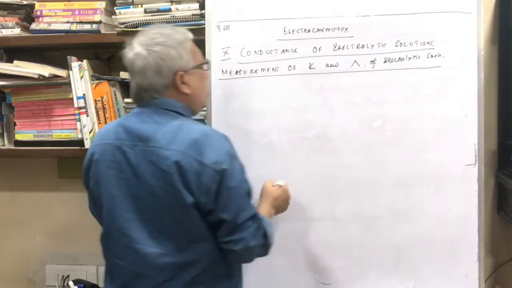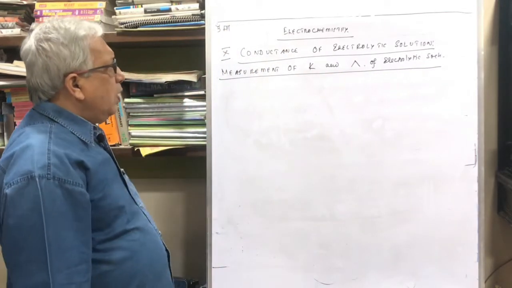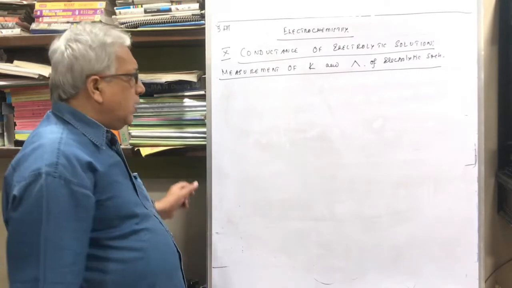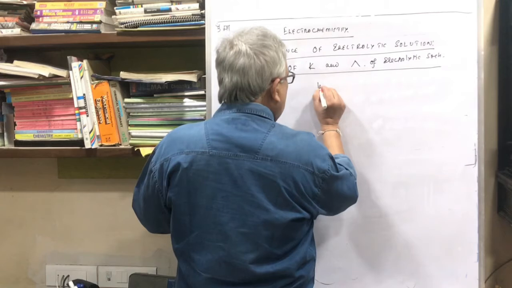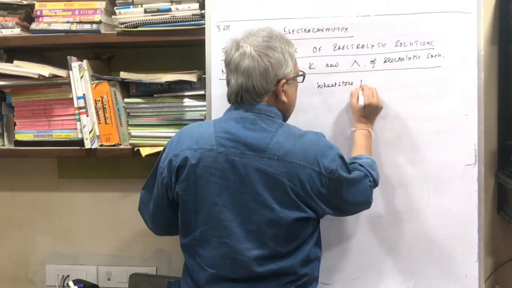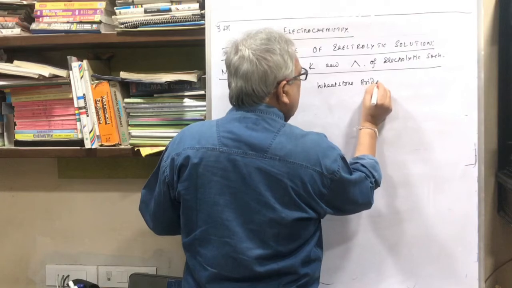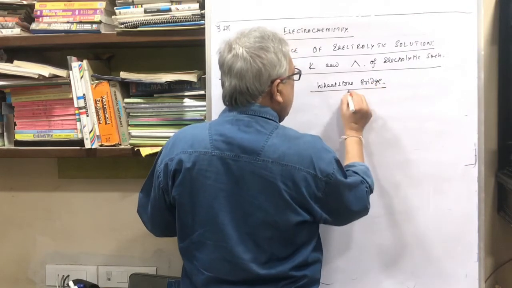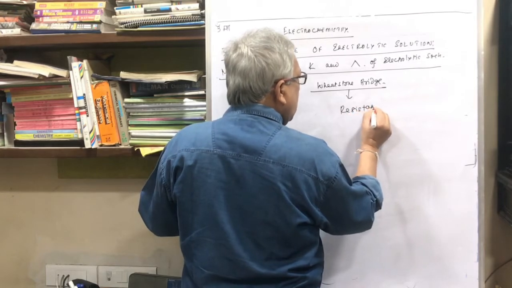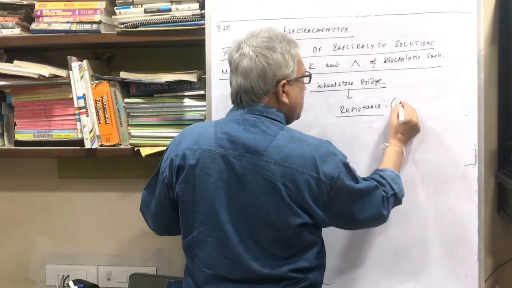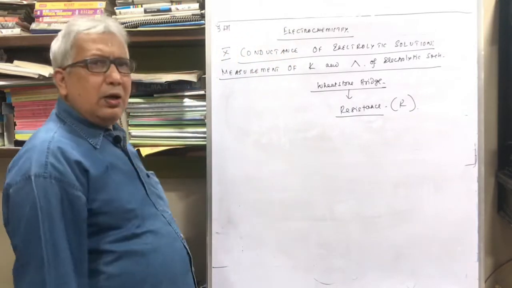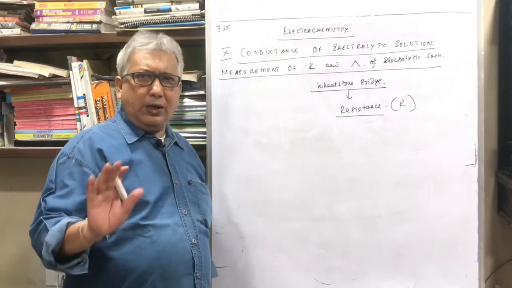Now measurement of conductivity and molar conductivity of electrolytic solution, we do it by using Wheatstone bridge, and basically by using the Wheatstone bridge, what we measure is the resistance of the solution, and once we find out the resistance, that is R, from that we find out the K and we find out the lambda. This is the basic idea.